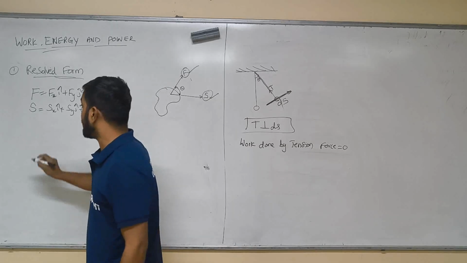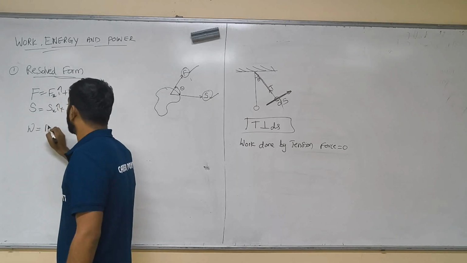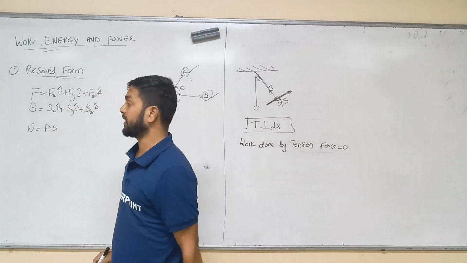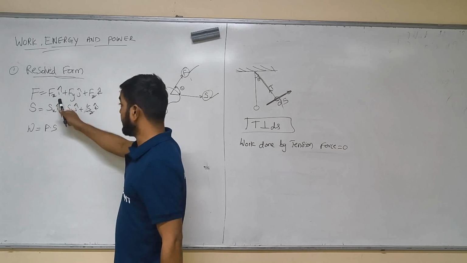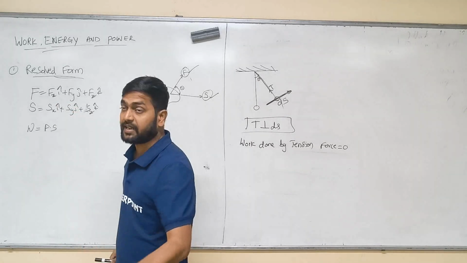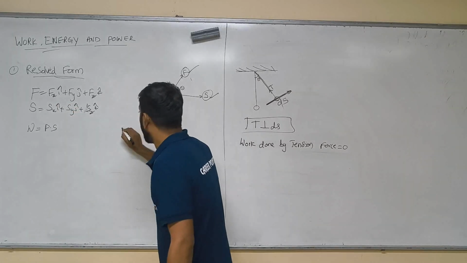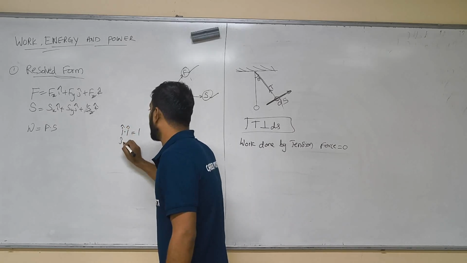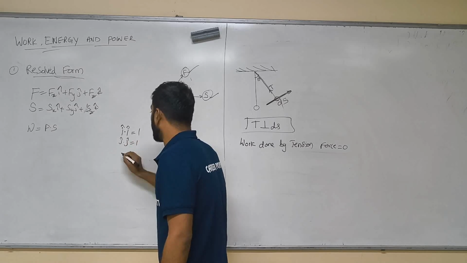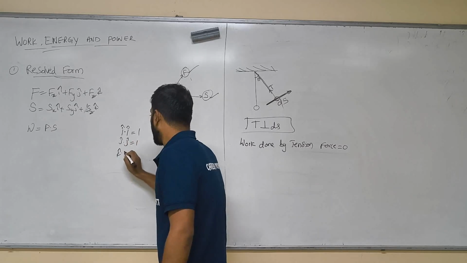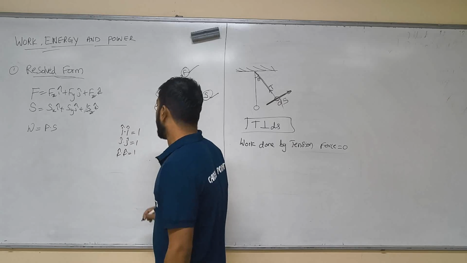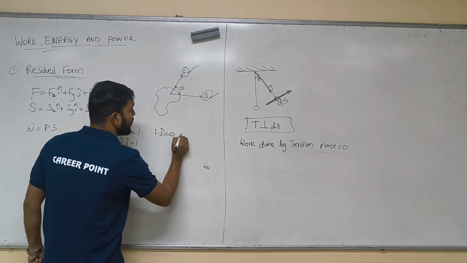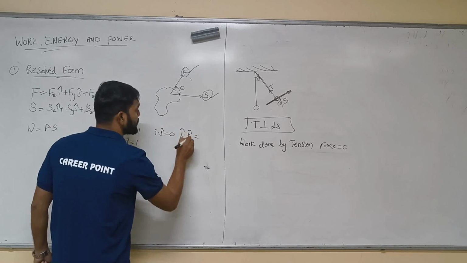So here what happens? The work done. What is the work done? We know that F dot S. In dot product, here I only will get a multiply. So we know that i cap dot i cap is equal to 1, j cap dot j cap is equal to 1, k cap dot k cap is equal to 1. Except this, i dot j is equal to 0, j dot k is equal to 0.